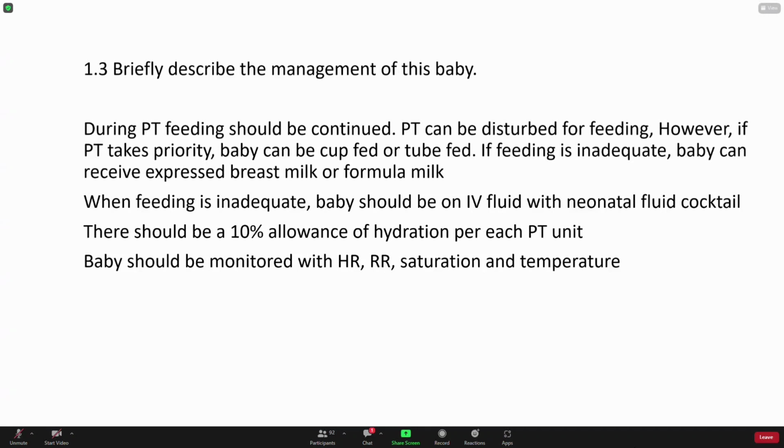Right. Discuss the pathophysiological basis of hematemesis in this child. What would you write? What would you write here?